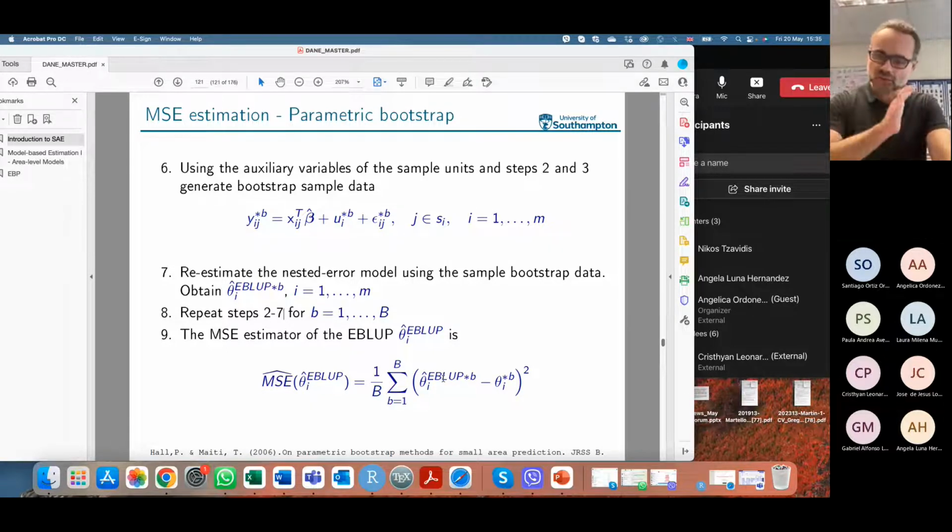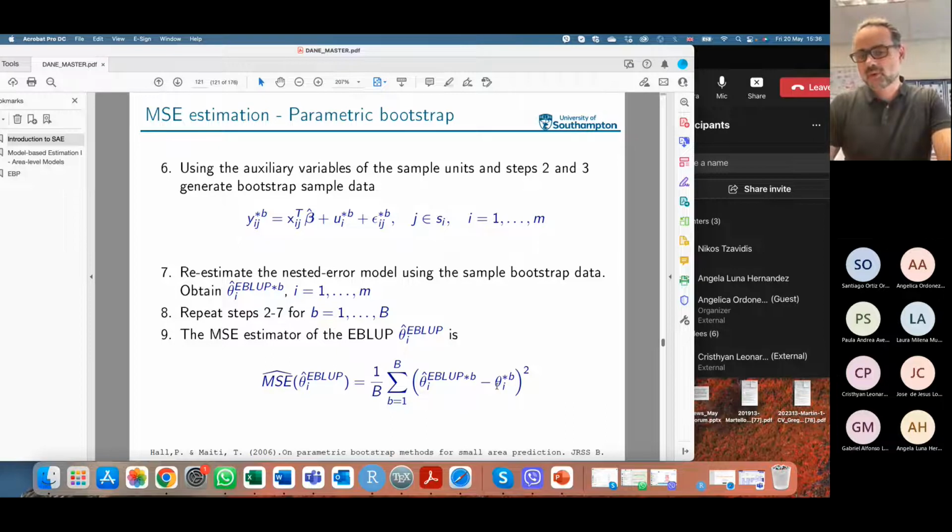Everything is parametric because you use the normality assumptions that we assumed. You subtract the corresponding true bootstrap population values, square them, sum them, and then divide by the number of bootstrap iterations that you run. That will give you an idea of how variable your estimated EBLUPs are relative to the true values that you also generate in the bootstrap.